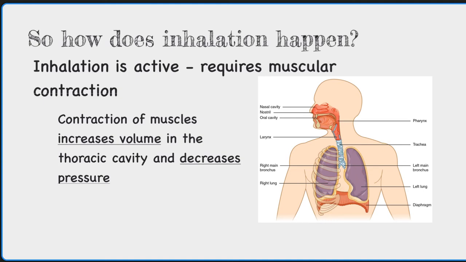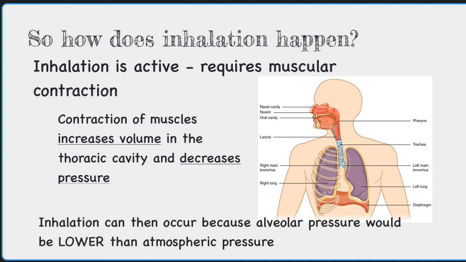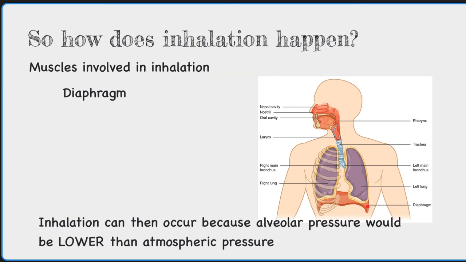The muscles that are active in inhalation are the diaphragm, which is the most important muscle of inhalation. When it contracts, it actually flattens and lowers down, and this helps to increase the volume within the thoracic cavity. It is responsible for 75% of the air that enters into the lungs.